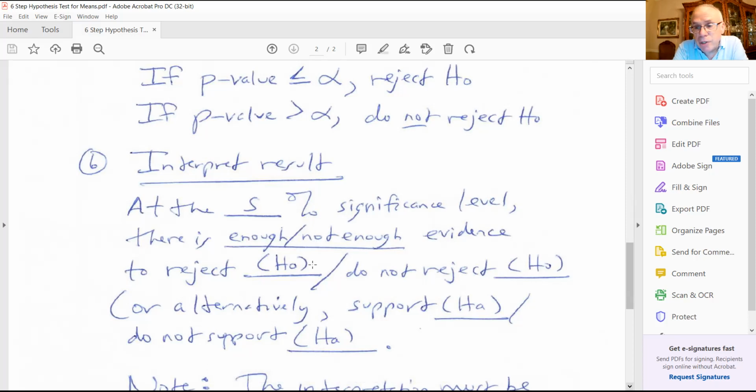We could say either to reject the null hypothesis, or we could say to support the null hypothesis. And then we have to say it in the context of the problem. So we don't say null hypothesis, alternative hypothesis. We state exactly what the researcher is trying to do, right? So we have to say it in context.